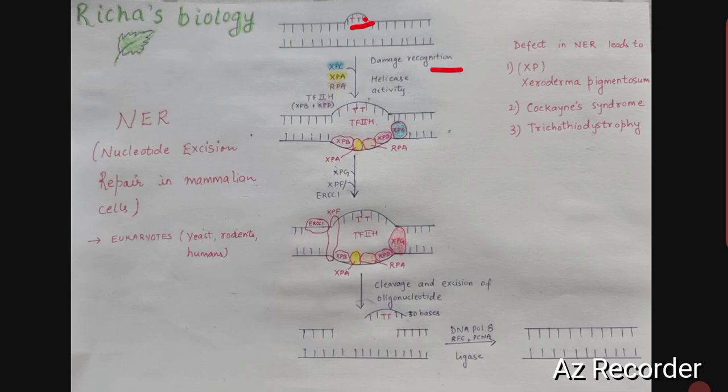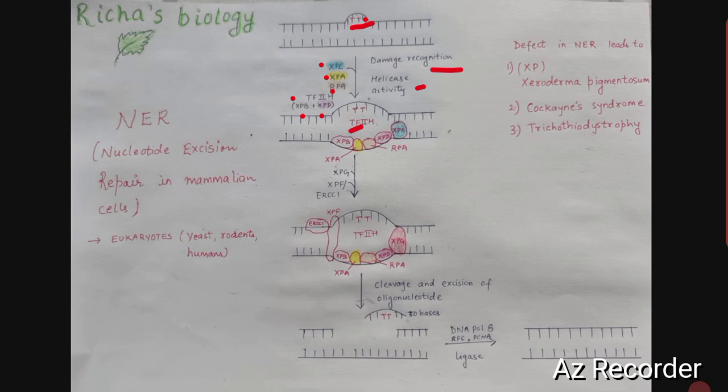First of all, the first protein which is helpful here in recognizing the damage is XPC. Next comes XPA. Next comes RPA. So these all have helicase activity. Next comes TF2H, which has two subunits, XPB and XPD. So here is the TF2H.